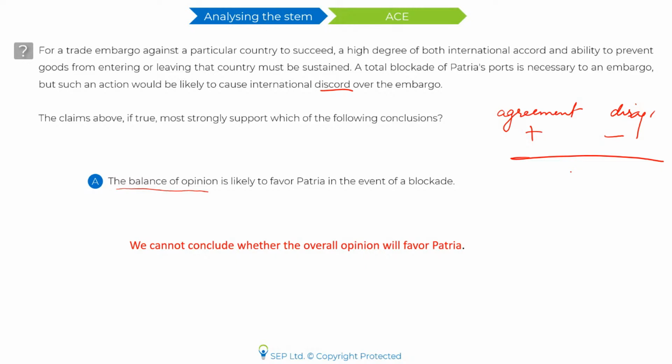So the balance will be in whose favor? Will it favor Patria or not? We cannot tell because we don't know how many countries are going to agree, how many are going to disagree. Therefore, saying that overall opinion is going to be in whose favor is definitely not something that we can derive. Hardly anybody marked A, so I'm not going to go into this deeper.